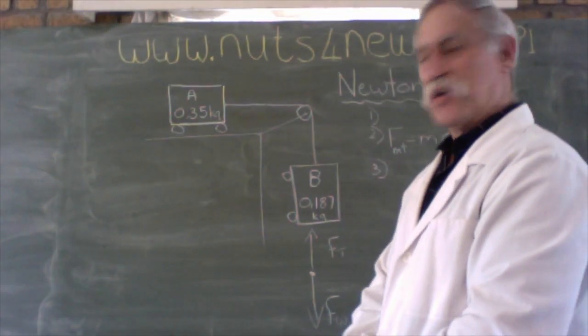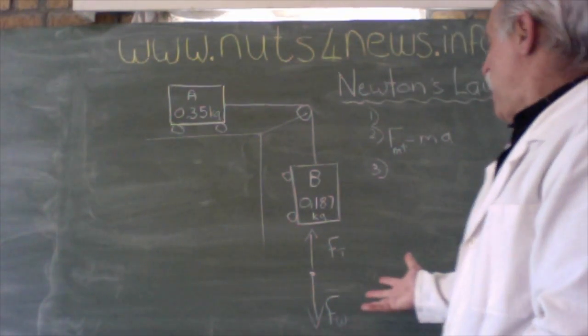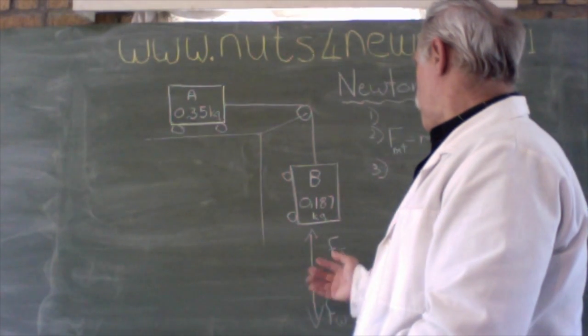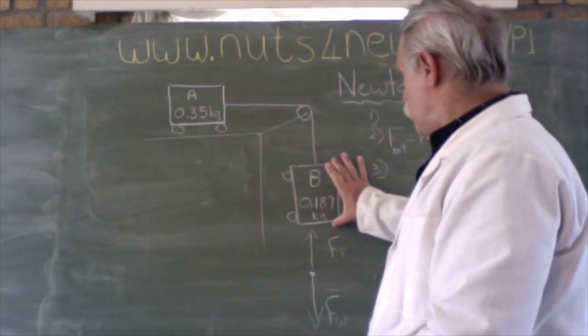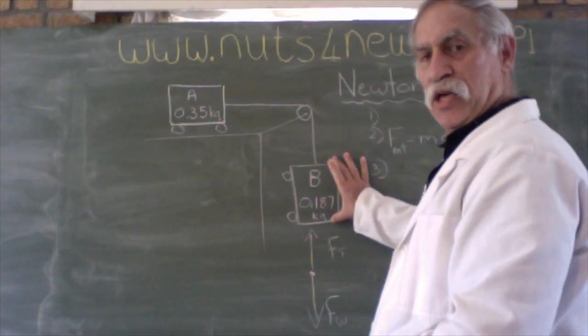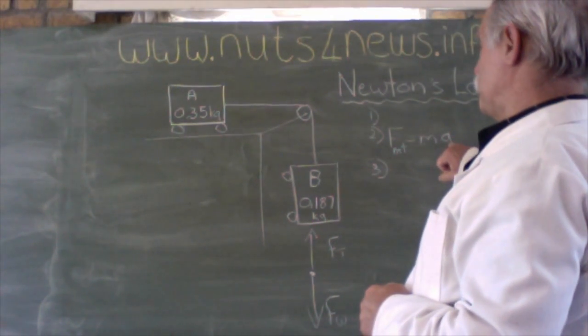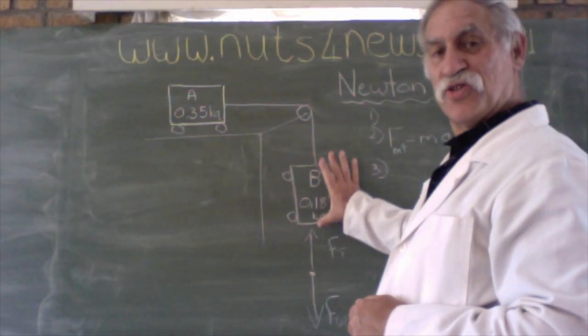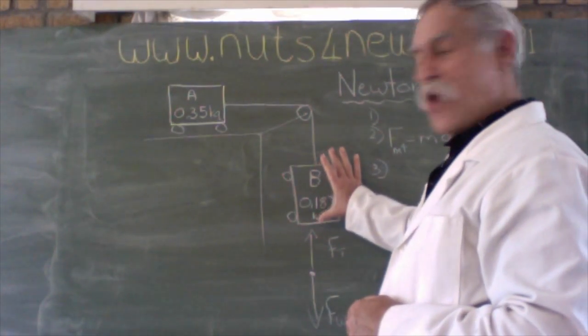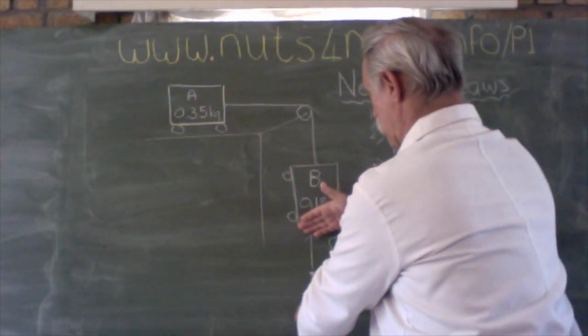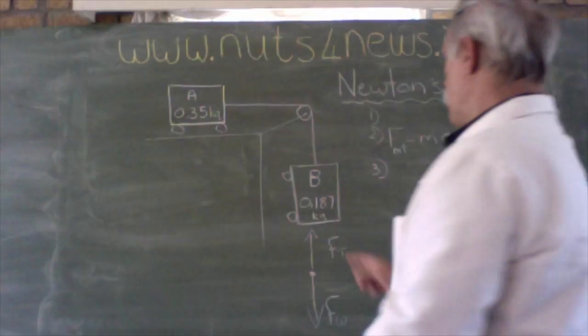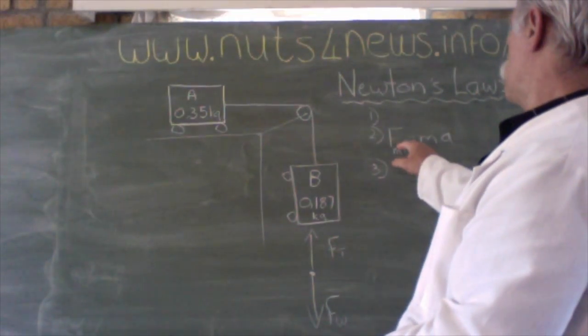So there's your free body diagram. And so if you're now going to apply it to just B, suppose we know the acceleration is 2.25, we now apply that to just B alone. What is the net force on B alone? Well, it's that force and that force. You add the two together, you get the net force.